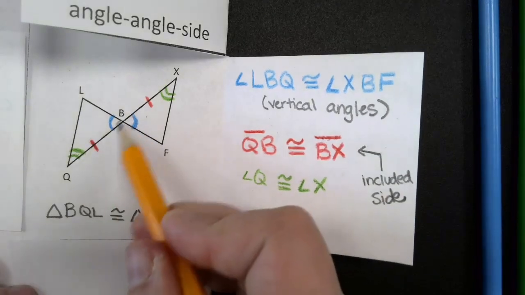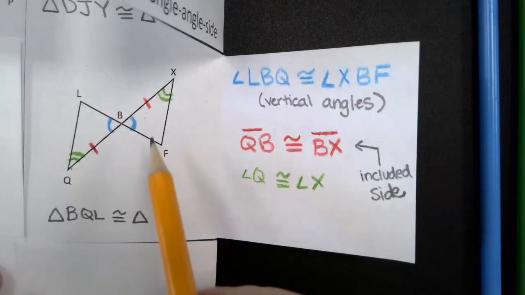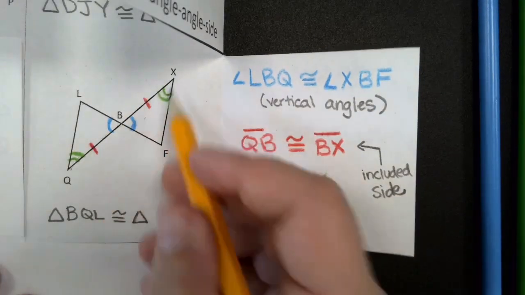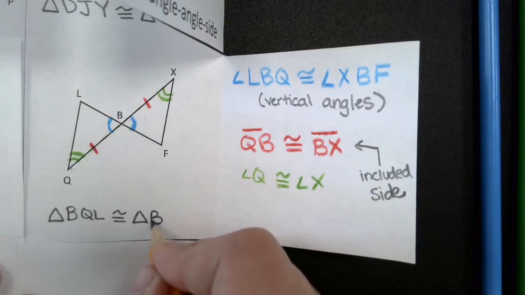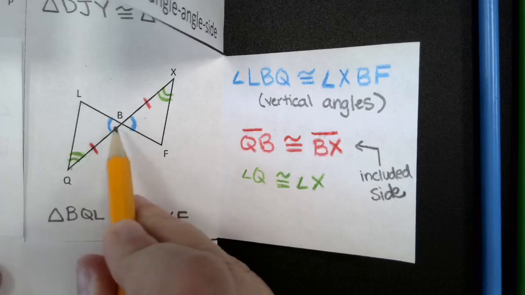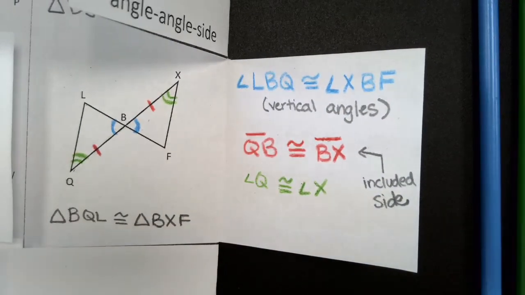So if we go B to Q up to L, what's this next one going to have to be to match? Good, BXF. This time our B's match. Those angles are the same around B, so B's come in the same position, in that first position. Good.